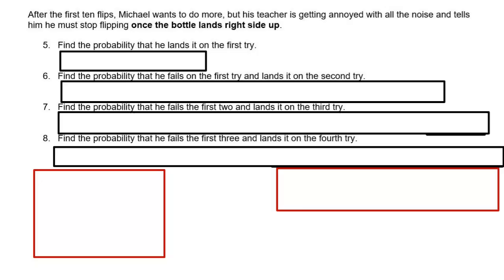We're getting closer, though. It's going to be in between 50 and 10%. If you look on the page, it actually tells you the answer. 20%. Because the probability of success is 20%. So the probability that he lands it right side up on the very first try, the probability that x equals 1 is 20%, 0.20.